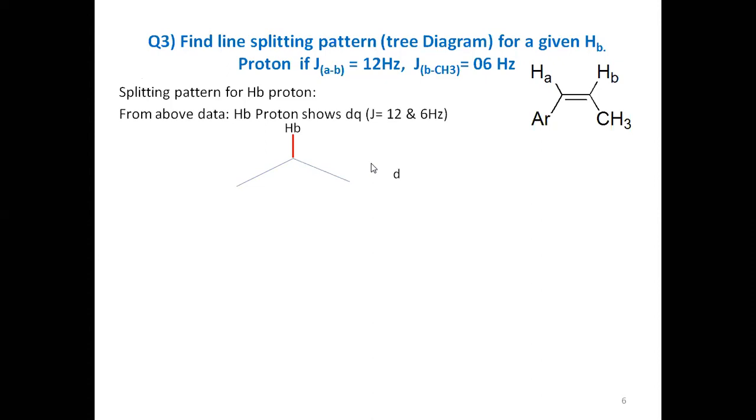Again, how many lines do you get for a doublet? Two lines. And those 2 lines are now further split into how many lines? 4.